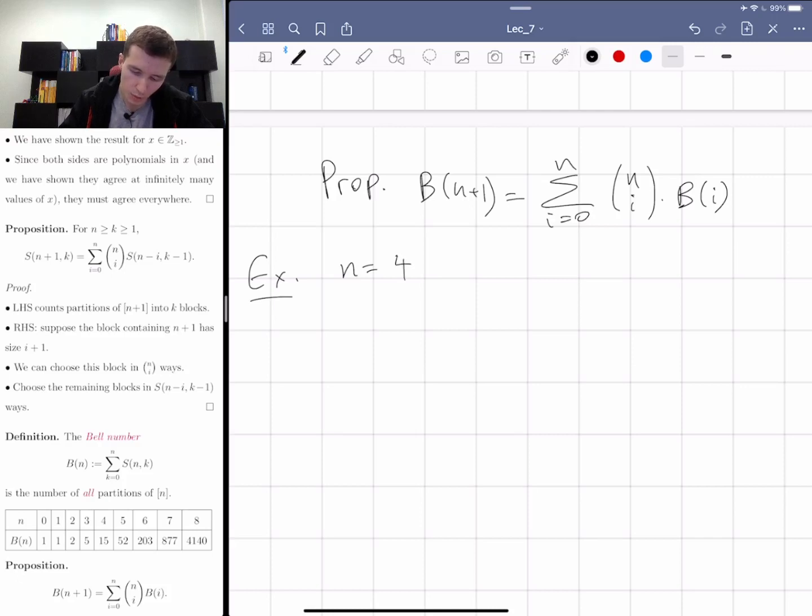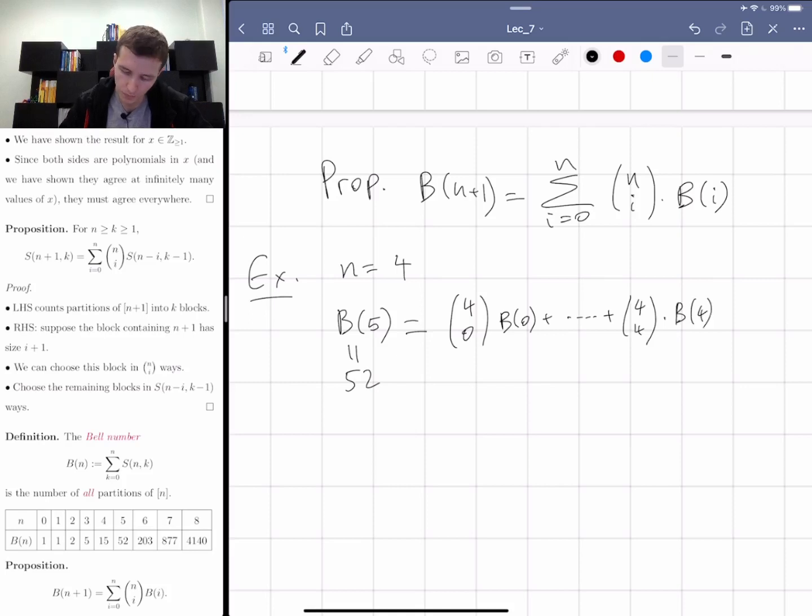So b of n plus 1, which is b of 5, which we know from the table is 52, should be equal to, I'm taking n choose, so 4 choose 0, 4 choose 1. Okay, so it's 4 choose 0, b of 0, plus, etc., plus 4 choose 4 times b of 4.